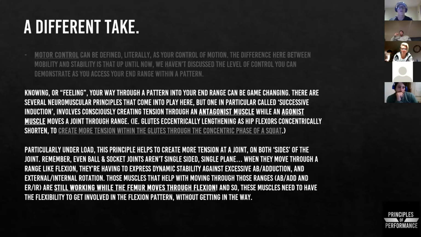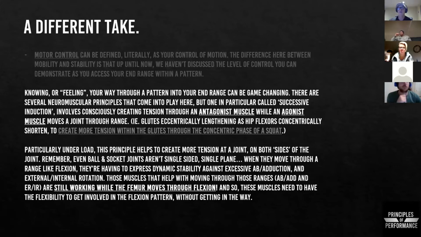When they move through a range like flexion, so remember, we think flexion, we think this two-dimensional movement. Even a ball and socket joint moves in flexion, they're having to express dynamic stability against excessive abduction or adduction and external or internal rotation. So we know that a hip, as it flexes, is coupled with external rotation and abduction. I'll repeat that.